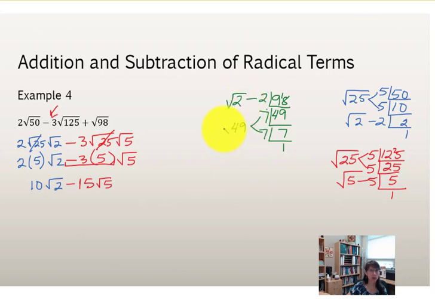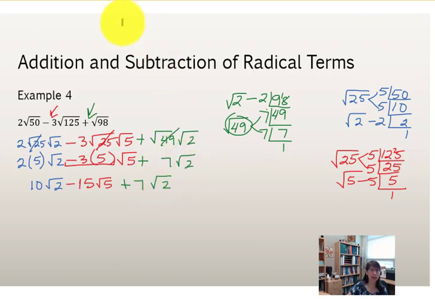Square root of 2 times square root of 49. So our last term is being added. I like starting with the perfect square first. So I'm going to write square root 49 times square root of 2. So what we're really adding is 7 square roots of 2. So I'll just tack that onto the last piece.